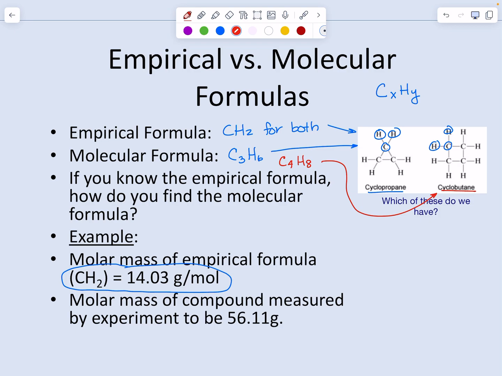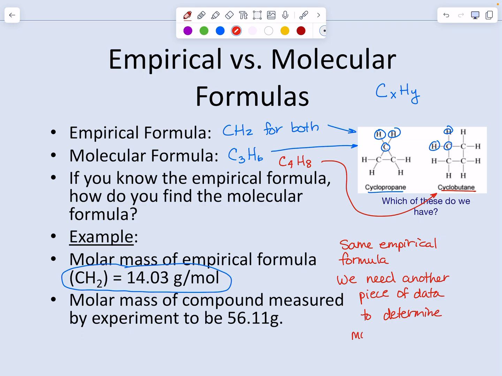So we need another piece of information to distinguish what chemical we have. We've got the same empirical formula, and we need another piece of data to determine the molecular formula.